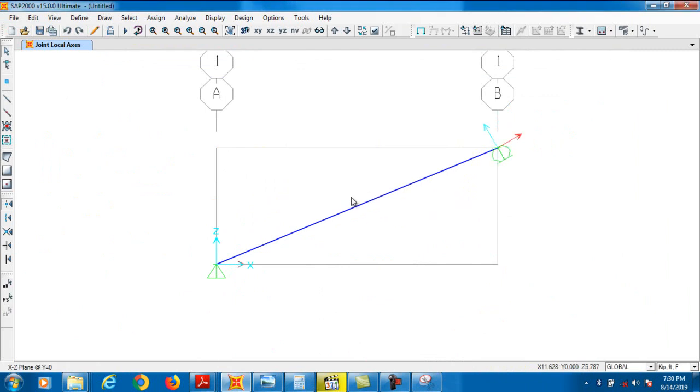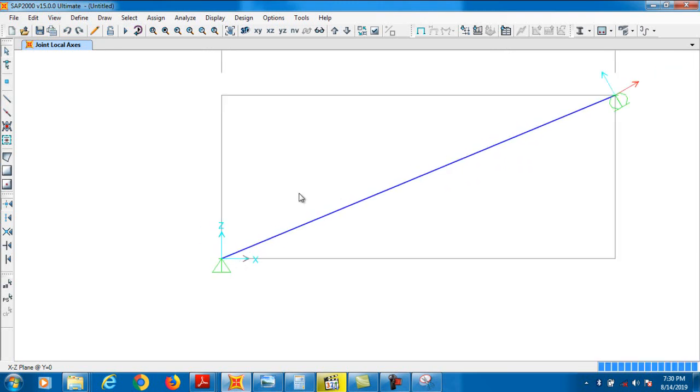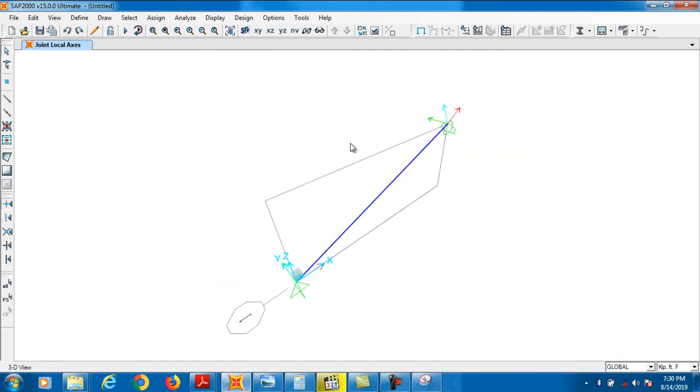Okay, so now we see that the local axes are rotated, although the global axes are in the same direction. If in 3D you see that the local axis of this joint, that is the red color, is perpendicular to the global axis, but here you can see the local axis of that joint is now rotated, that is not in the shape in which the global axis is.